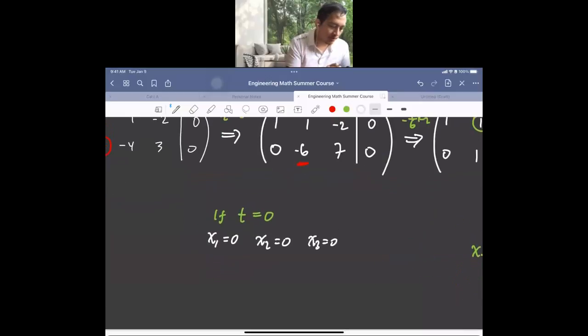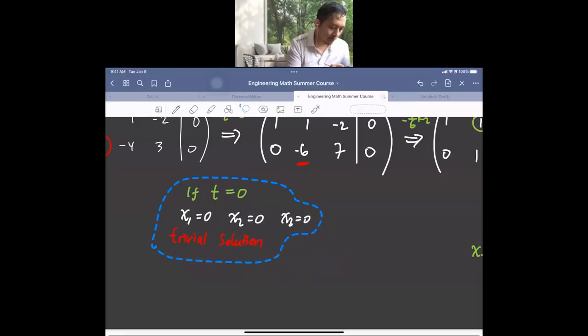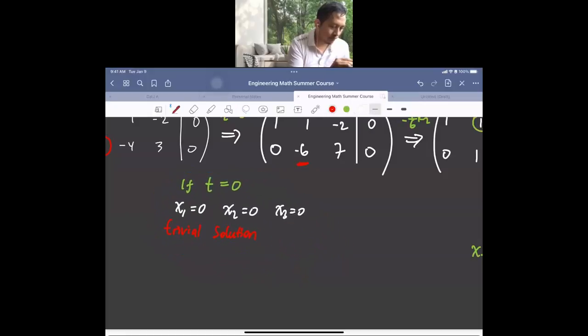So when this happens, 0, 0, 0, remember, we call this the trivial solution. And if t is not 0, we get the non-trivial solution.